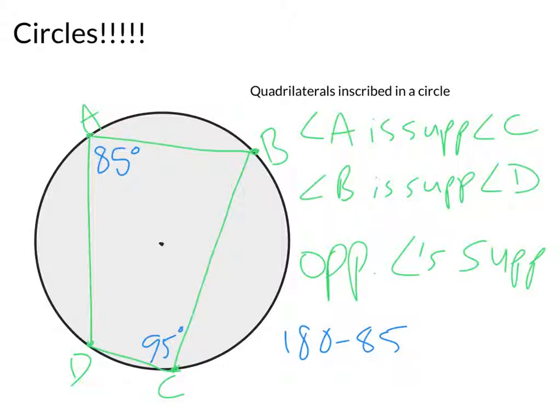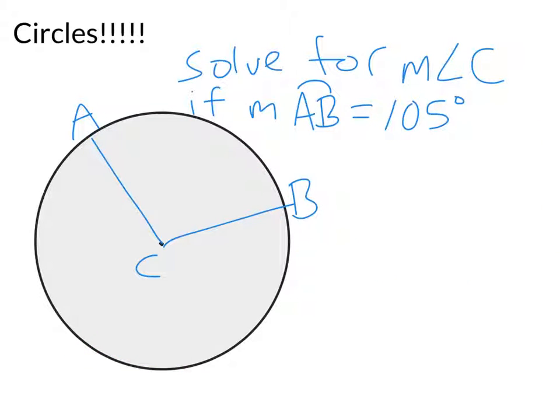All right, first problem here. Solve for the measure of angle C if the measure of arc AB equals 105 degrees. If the arc is 105, that means we got 105 for this one right here, going from A all the way to B. So that's 105 degrees. What do I know about C?